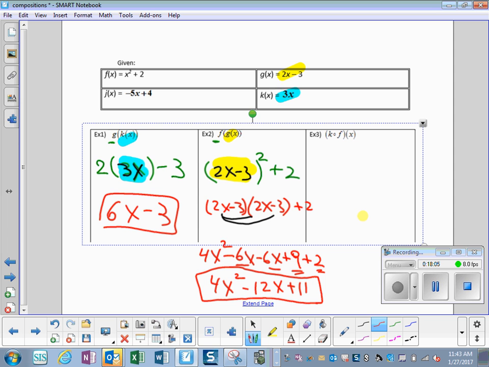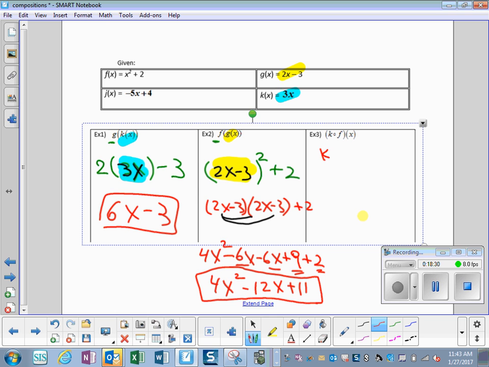So example number 3, same thing, different notation. That's all it is. And whenever you see this, I strongly recommend you to rewrite it in this normal notation because it will help you. So K, this open circle, I don't know if there is a term for this, is there? Or we just say K of X, composition of K and F. I don't know what the term is.